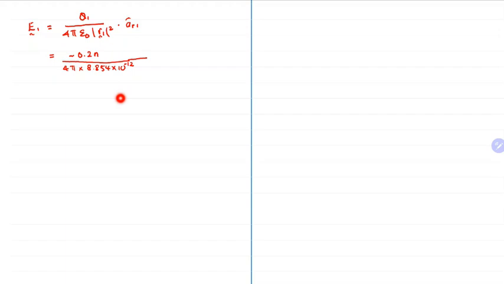The magnitude of R1 is the square root of 26, squared, so 26 times 10 to the minus 3 squared, times our unit vector (0.196, 0, 0.981).